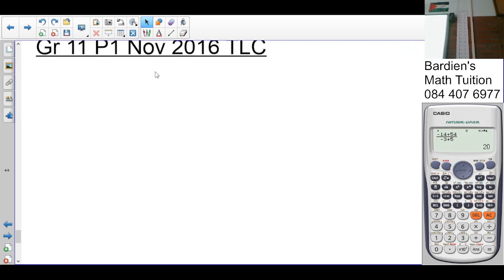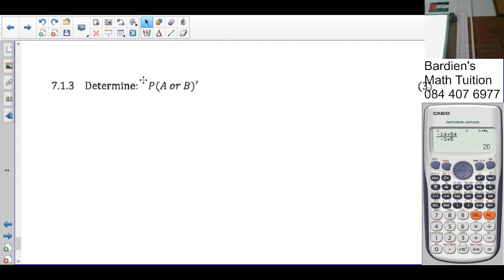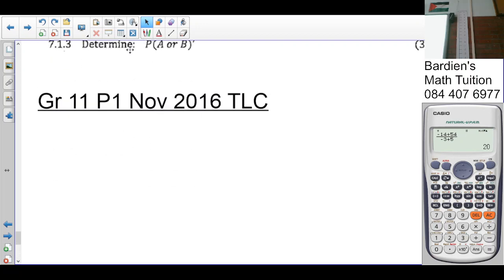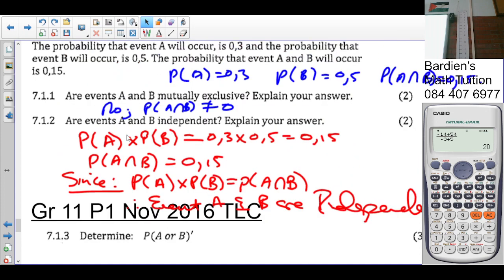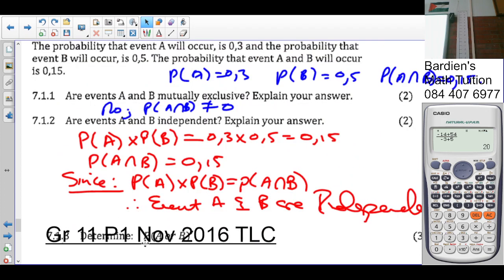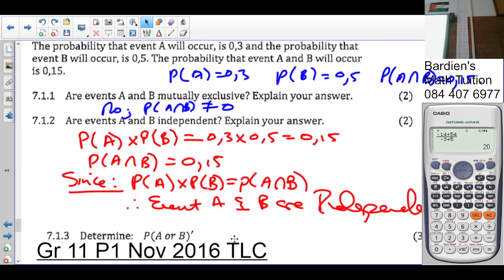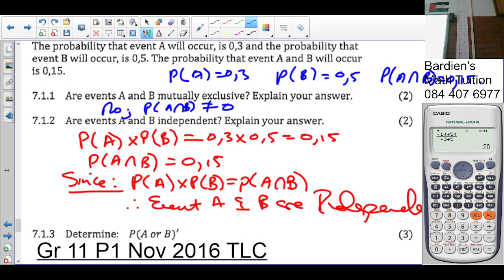The next question, okay, that's still pertaining to that. 7.1.3, it says determine not A or B. Okay, so we know that the complementary rule will kick in here.